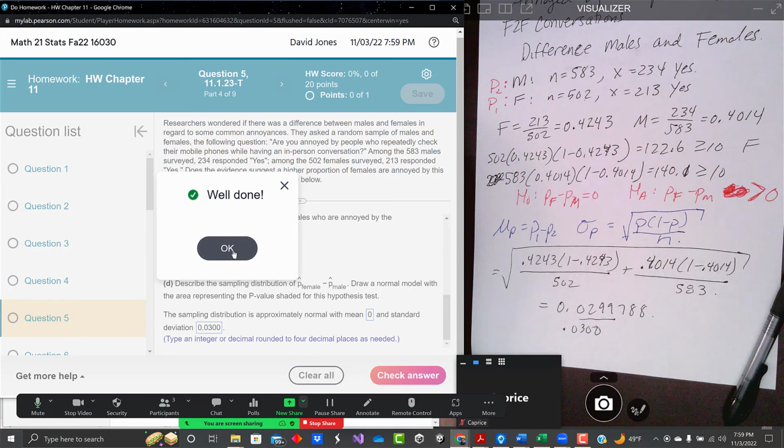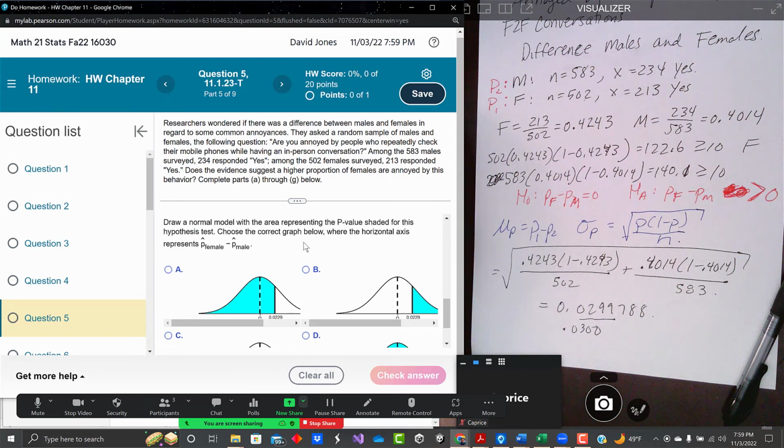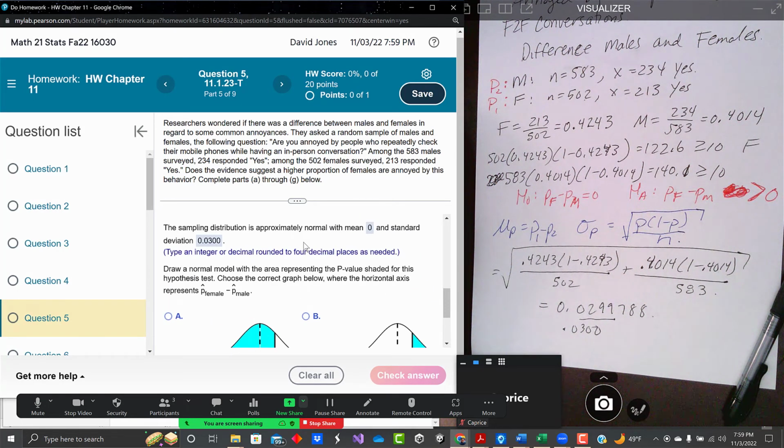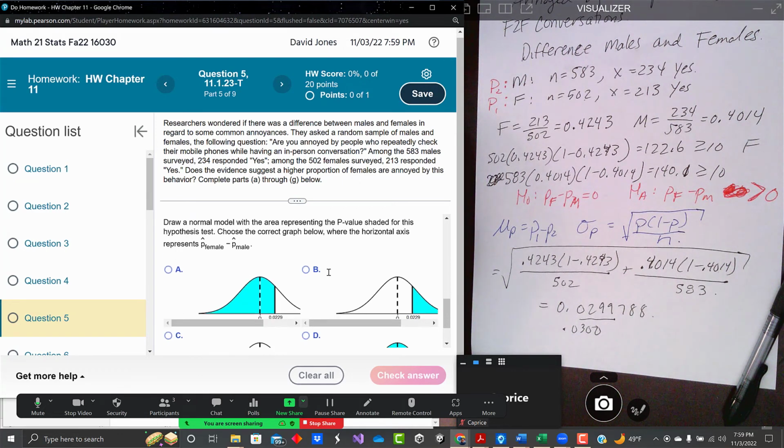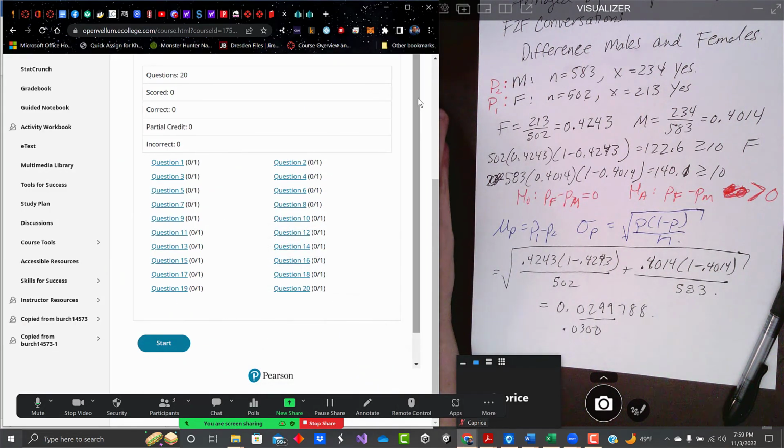A lot of work to do by hand, huh? Now, if we want to see this sampling distribution and which one's which, we can stick this information into StatCrunch. Where's my StatCrunch calculator?